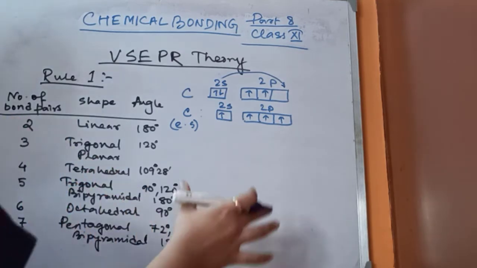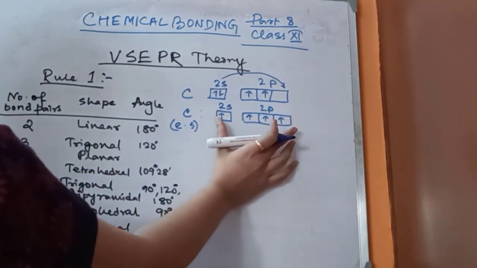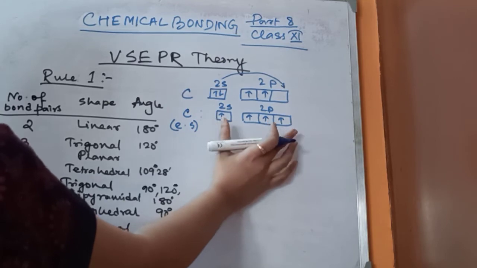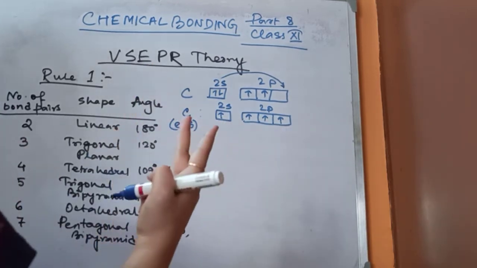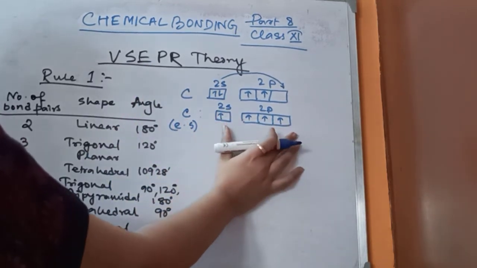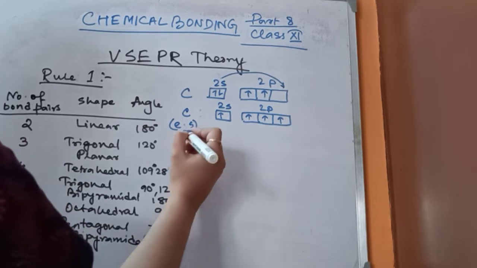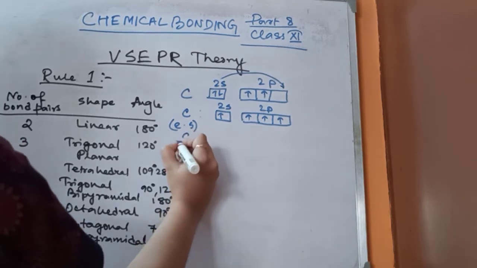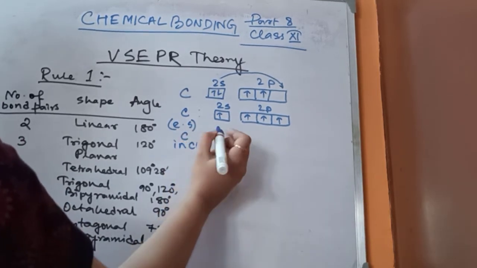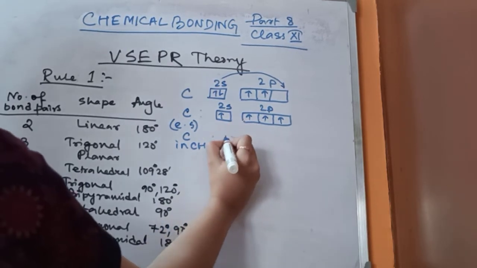Now see, there are 4 orbitals. Each can accommodate 2 electrons, but now each of the orbitals is singly filled. So, I will show you the bonding in methane.